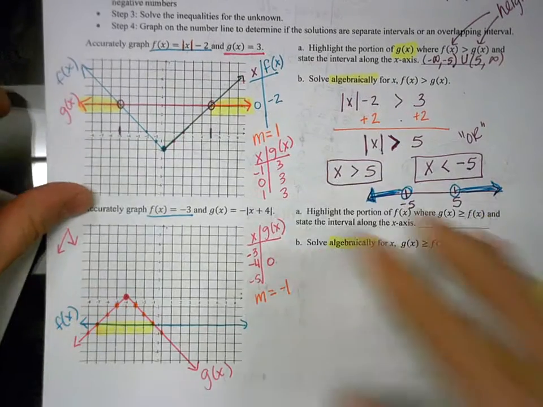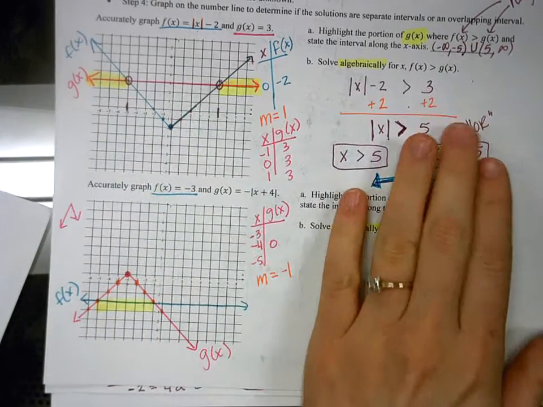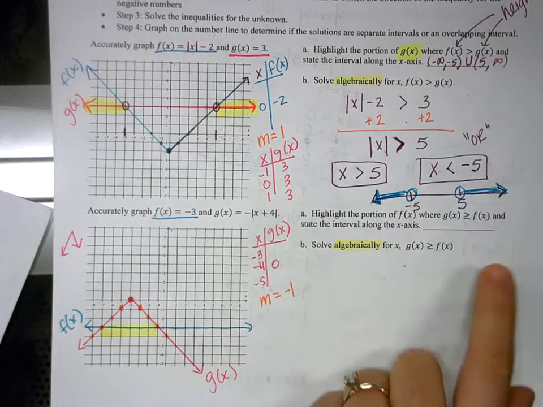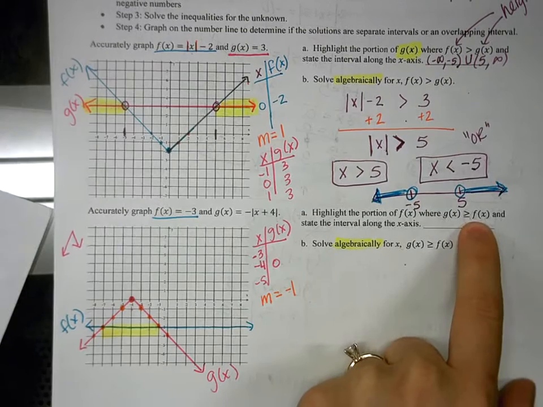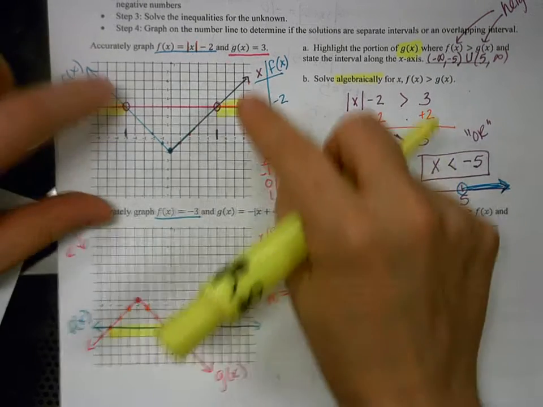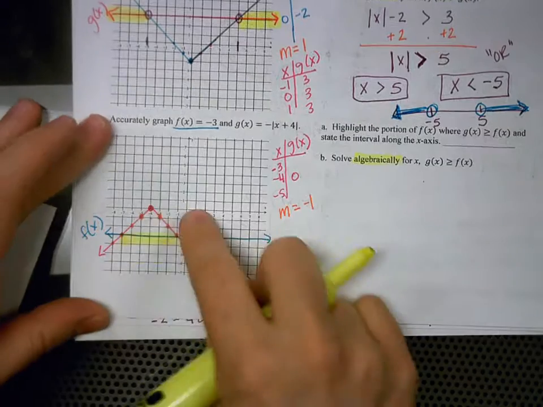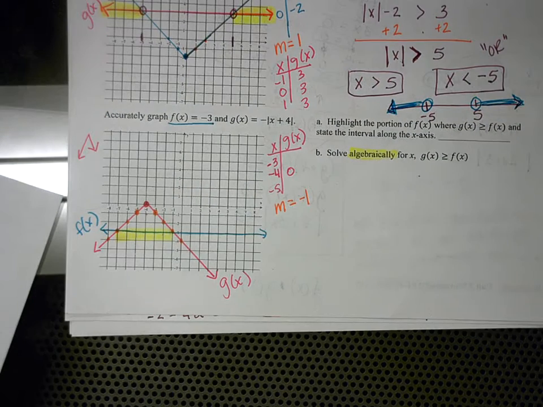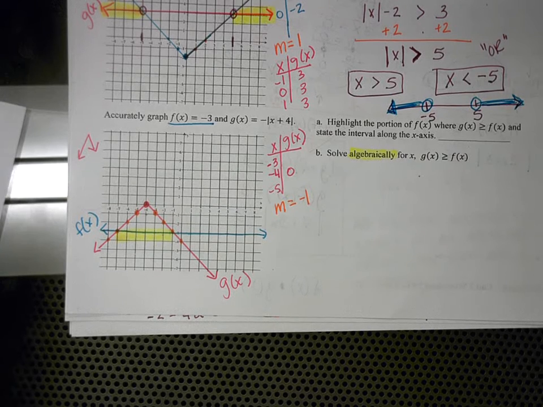You need to pay attention to a couple things. You need to make sure you're checking the correct sign. So these were both greater than and greater than or equal to. So that's why we're checking to see where the function is above. But we're always going to highlight on that horizontal line. All right.